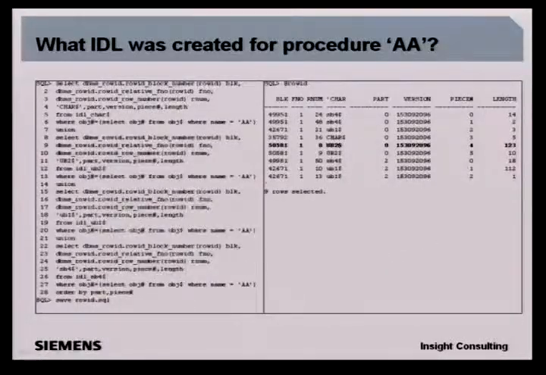So we wanted to actually see what Diana was created for our simple procedure. I've created another big lump of SQL here that looks at the 4 tables, and we're actually pulling out the row IDs because we want to be able to dump the contents from the data files, which will become apparent why in a minute.